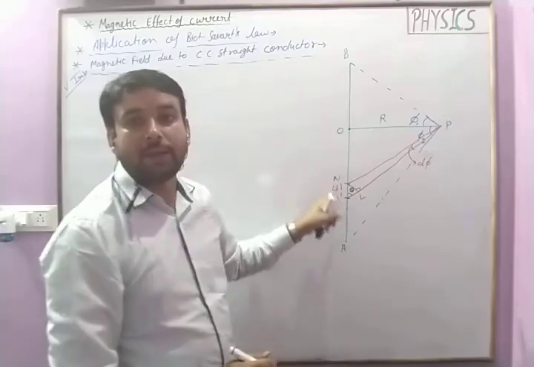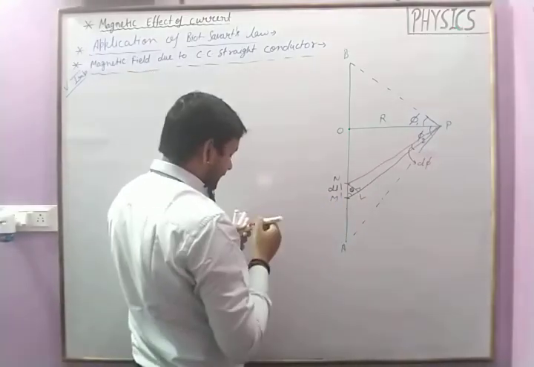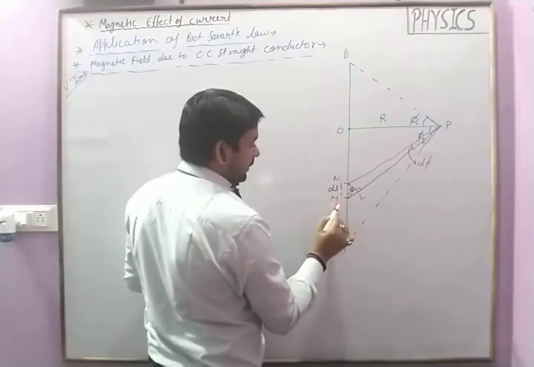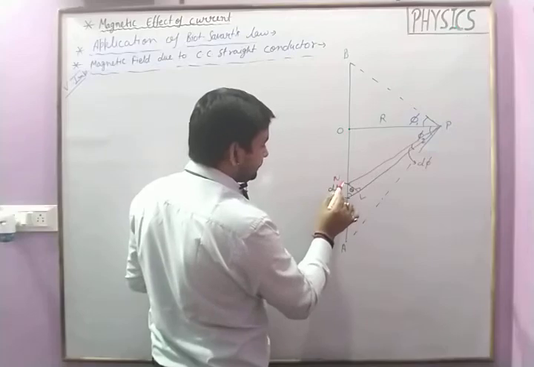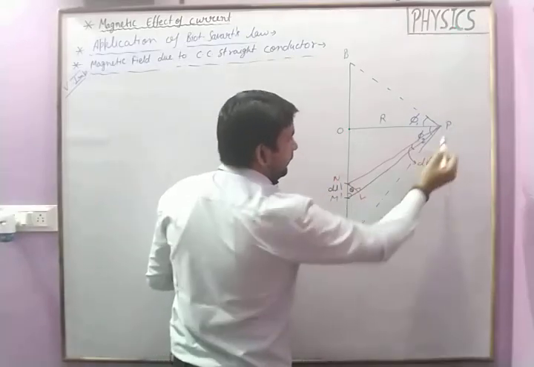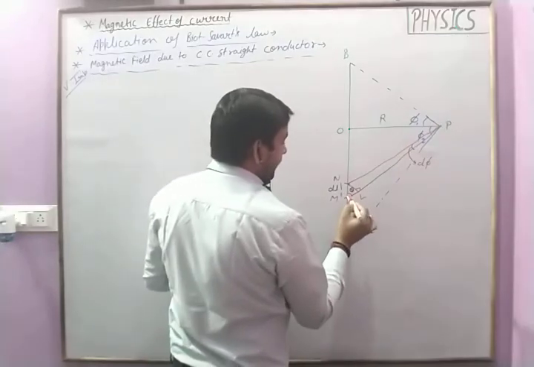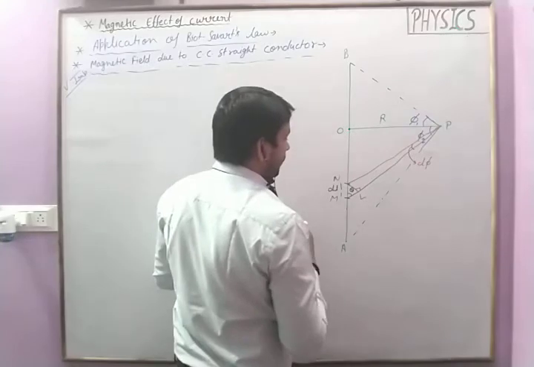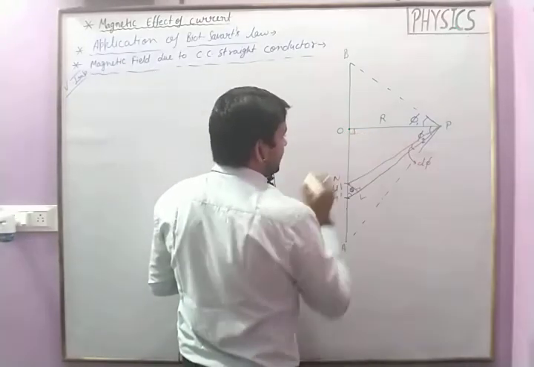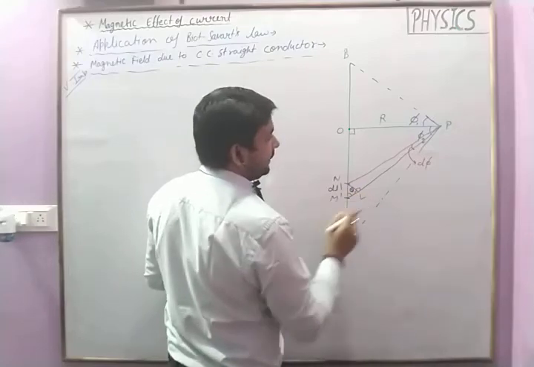Okay, so here we have three triangles. One is M, N, L. Second is N, L, P. And third is M, O, P. For this it is 90, and here for these two, this point is 90.